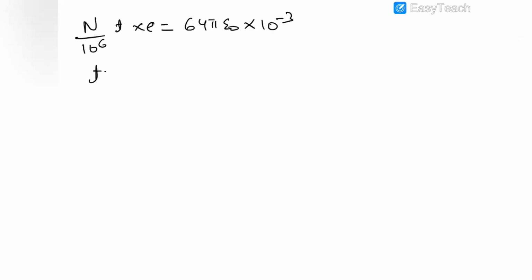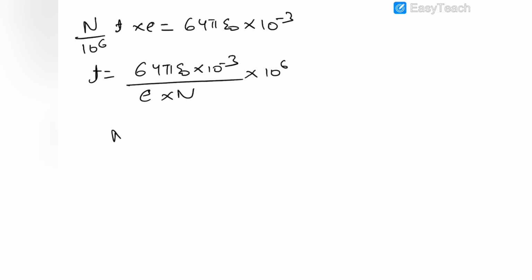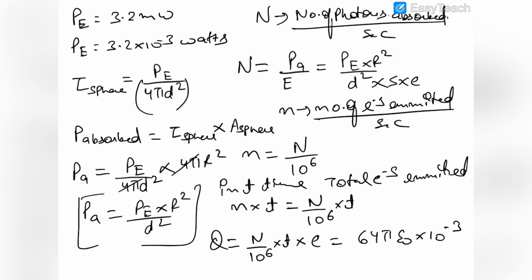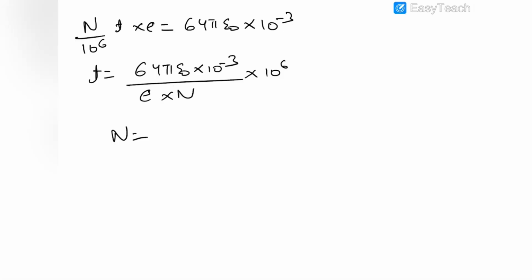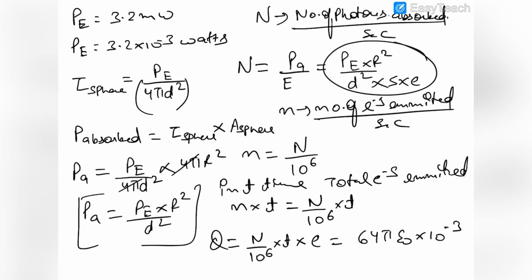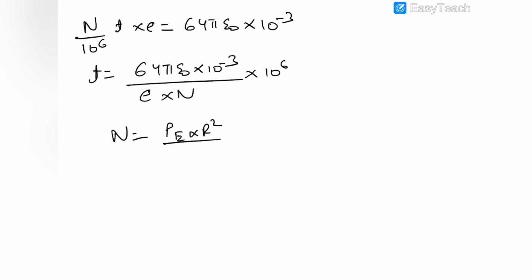So t will be equal to 64 pi epsilon naught into 10 raised to power minus 3 divided by e, divided by N and into 10 raised to power 6. Now N, we know that N was power emitted into r square divided by d square into 5 into e.